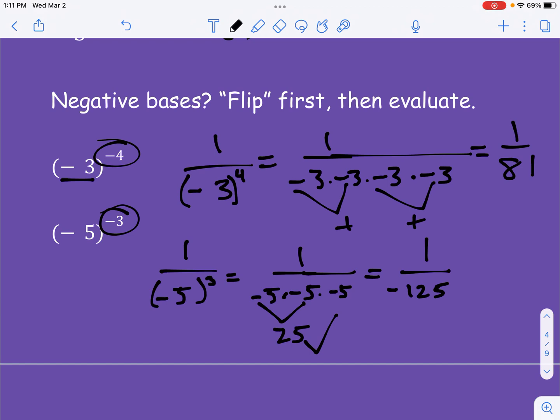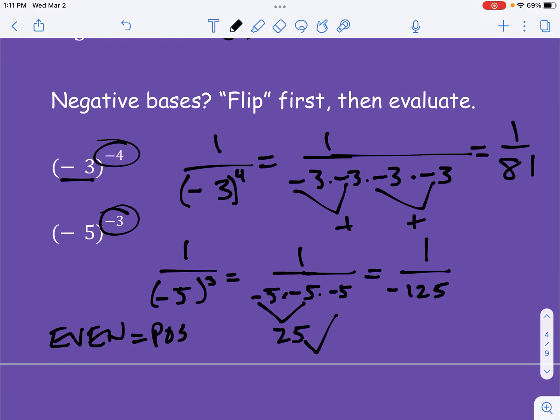And the rule that I like to use that I think is pretty simple because it makes sense to me, and hopefully it does to you, is when I'm raising a base that has a negative sign with it to an exponent, whether the exponent is positive or negative doesn't matter. If my exponent is even, then my value is going to be positive.